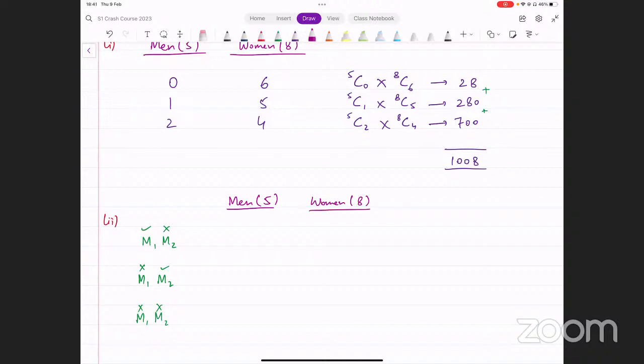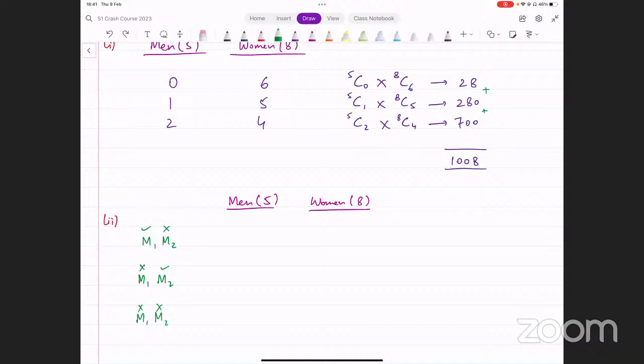Now, we've got 5 total men, and out of those 5 men, we have 2 who are M1 and M2. Now, the condition is on these 2 people that they can't be on the committee together. All right. Now, what if M1 is selected and M2 is not selected?